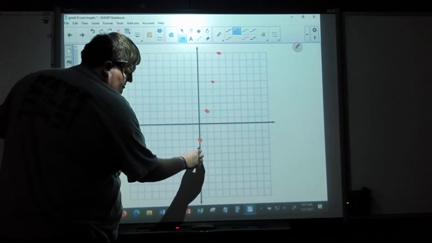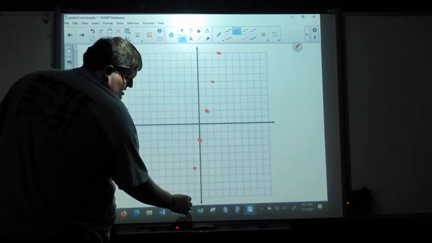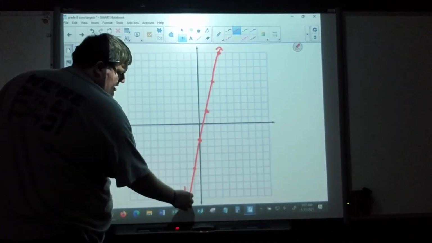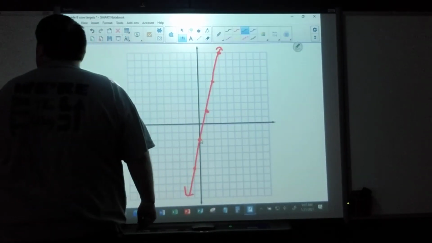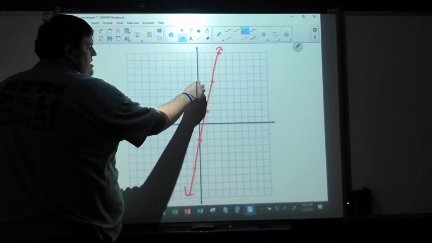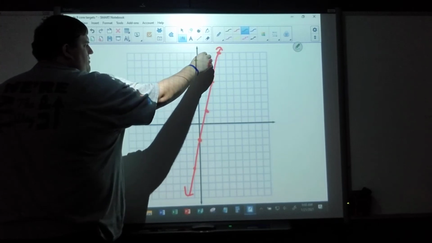Looks like that. 1, 2, 3, 4. Okay. Real steep, right? So that was the first equation. If I graph the second one, it starts at 6. And it goes 1, 2, 3, 4 over 1.